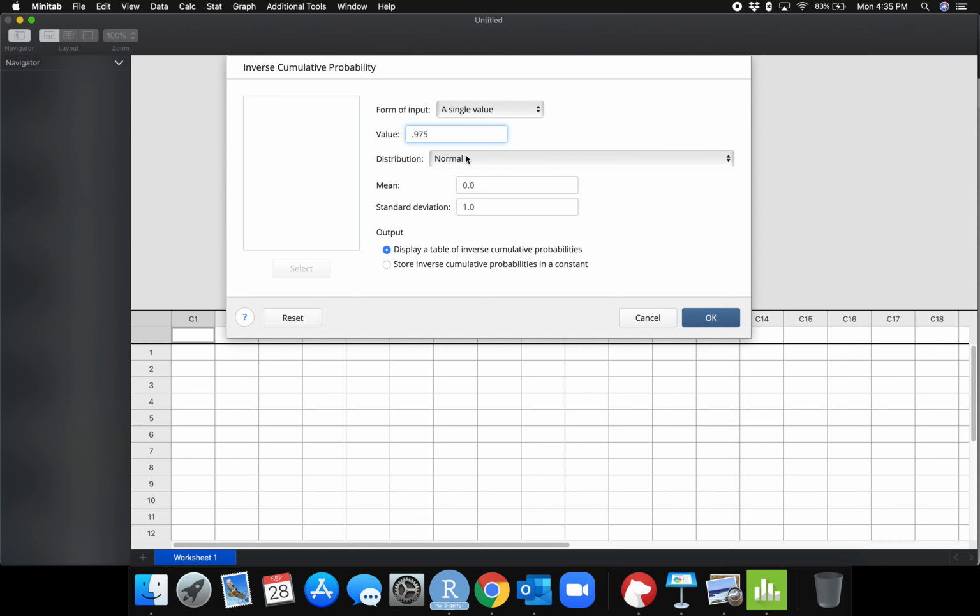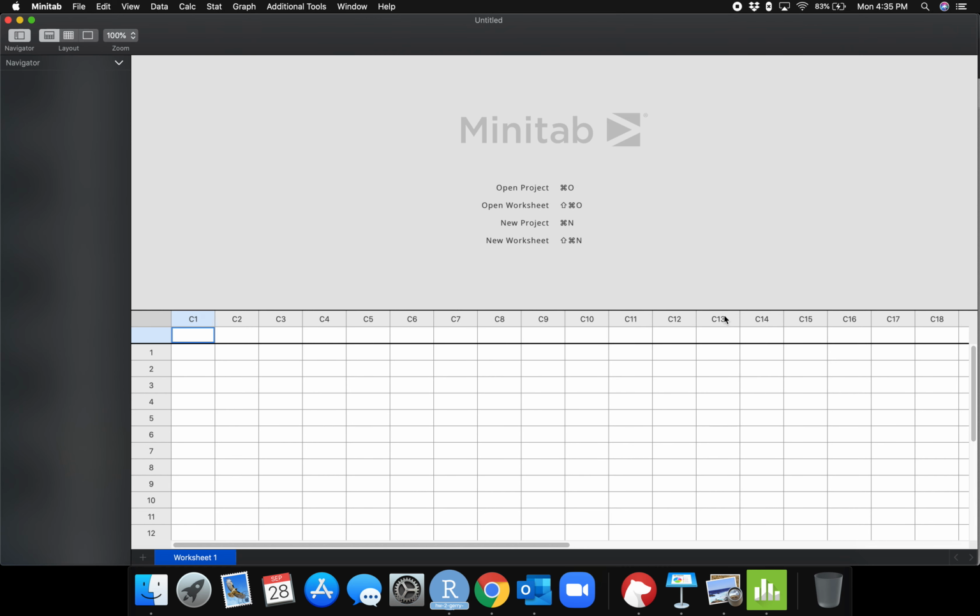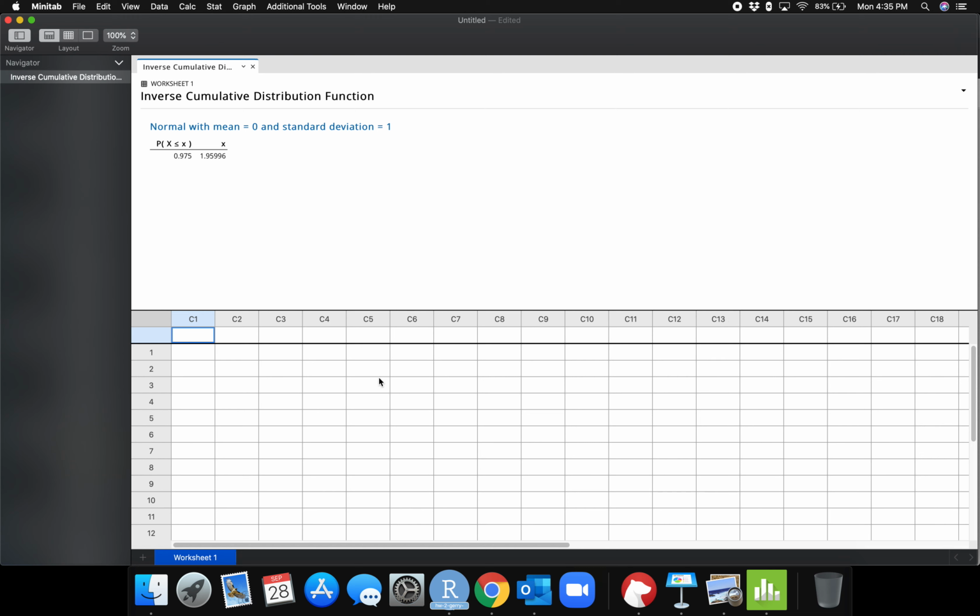Okay, distribution is normal, mean 0, standard deviation 1. And when I click OK, it should give me 1.95996, which you can round to 1.96. Okay, and you can do similar things with other confidence levels.